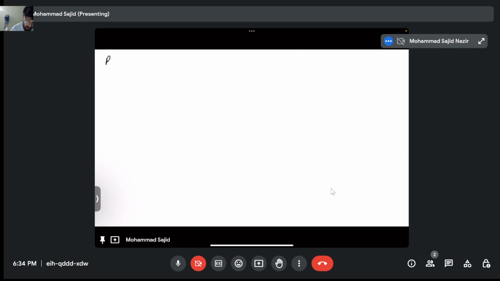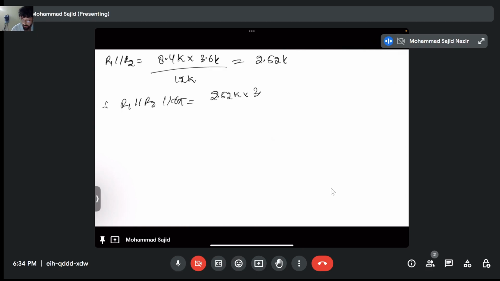Now R1 parallel R2 is 8.4K multiplied by 3.6K divided by 12K, and that is equal to 2.52K. And thus R1 parallel R2 parallel R pi is equivalent to 2.52K multiplied by 3.46K divided by 2.52K plus 3.46K. It comes out to be 1.45K.